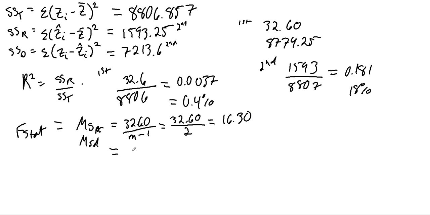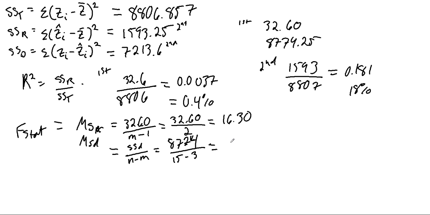So my MSD value is now looking at my residuals. So I'm going to just be SSD over n minus m. My SSD is 8774, divided by 15 minus 3 coefficients for my first order.